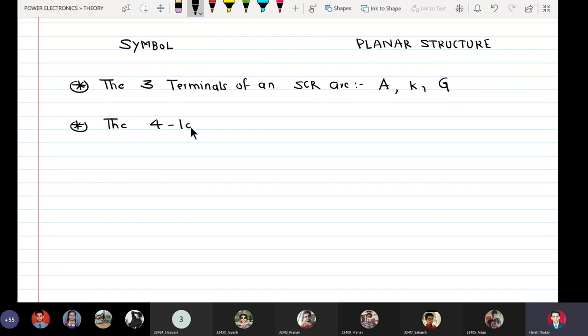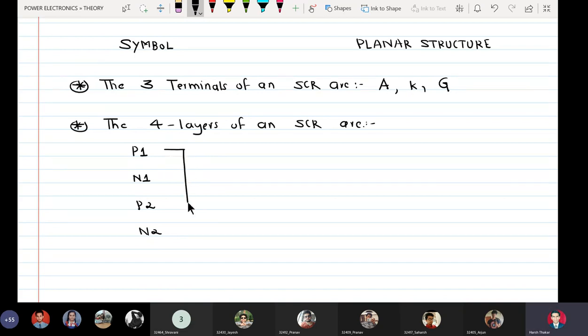The 4 layers of an SCR are P1, N1, P2 and N2.